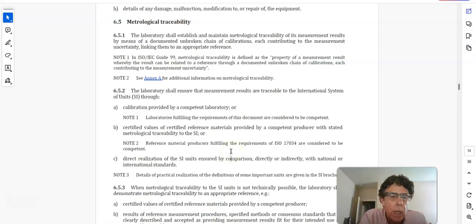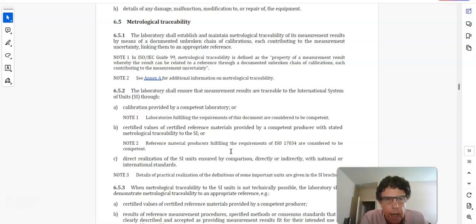That means that you are using a certified reference material as your known, as your standard, and the certificate of analysis for that reference material is traceable to the SI units through NIST by an ISO 17034 competent producer. So I want to talk a little bit about the differences between A and B and cases where a lab typically will do A and B.